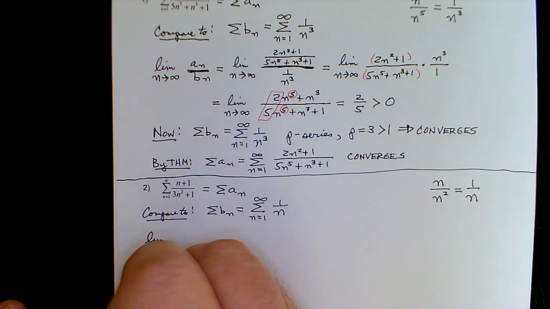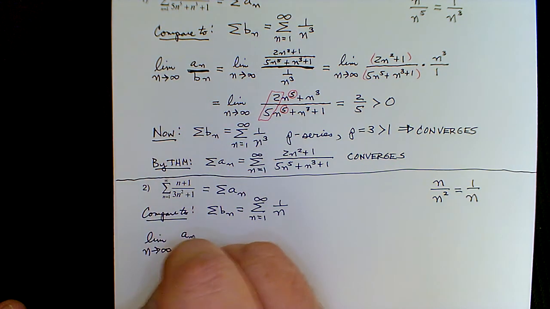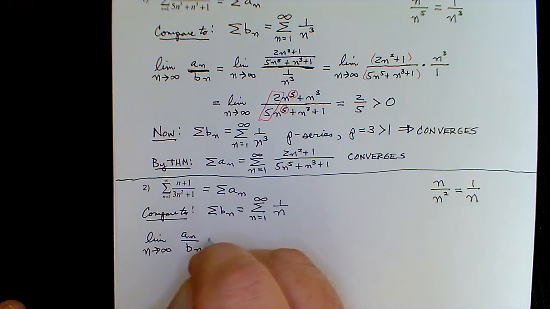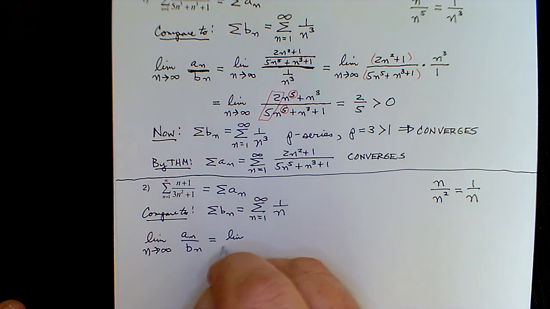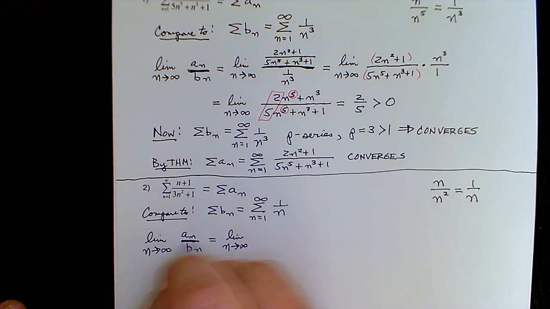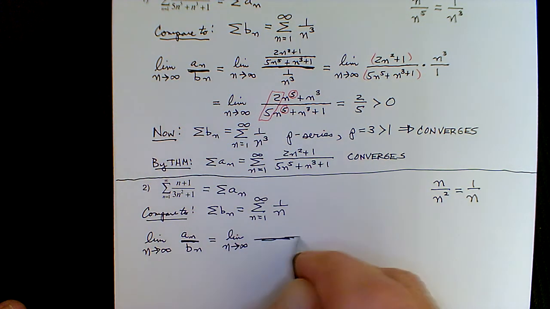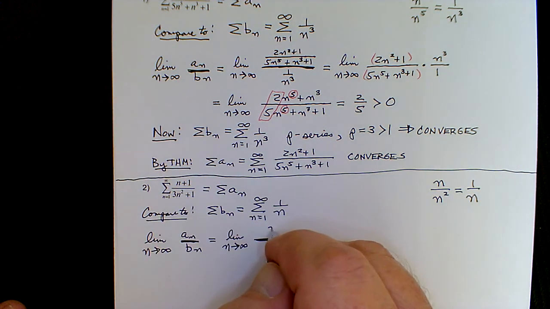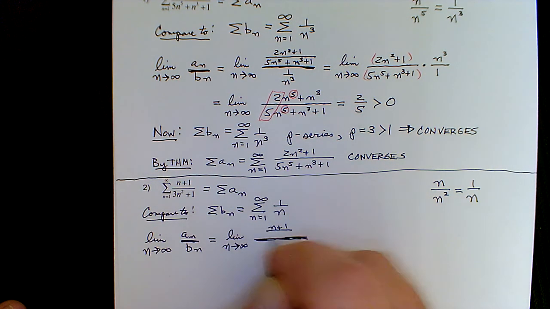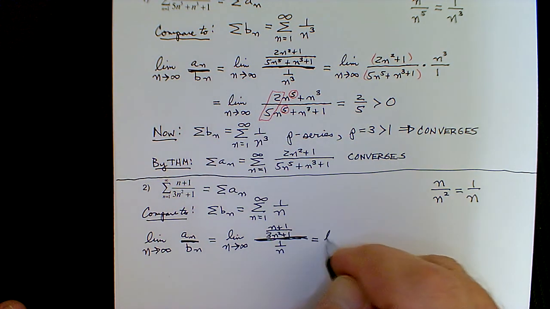Alright, so now the limit as n goes to infinity of a sub n over b sub n. If you want, make this fraction bar a little thicker. a sub n was n plus 1 over 3n squared plus 1. b sub n was just 1 over n.